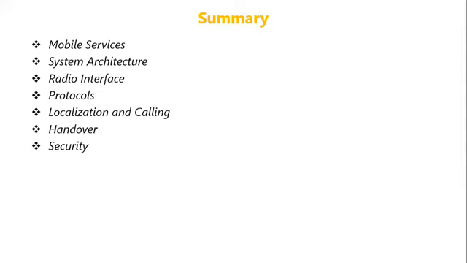How authentication works, how the random key is used as a challenge-response method for authentication, and how encryption was done by creating a cipher key. These things we have discussed under security services offered by GSM.